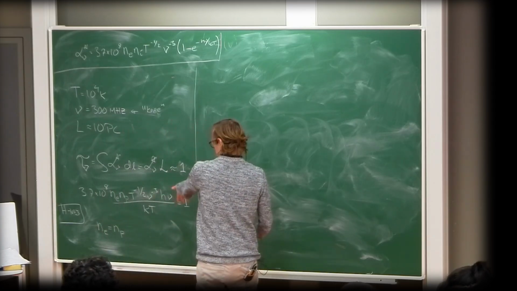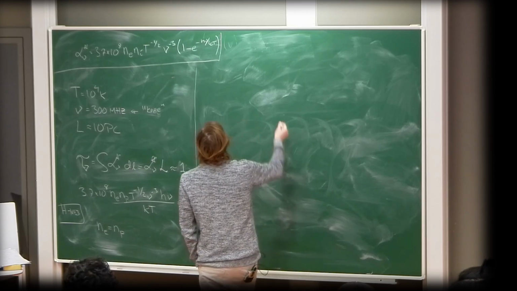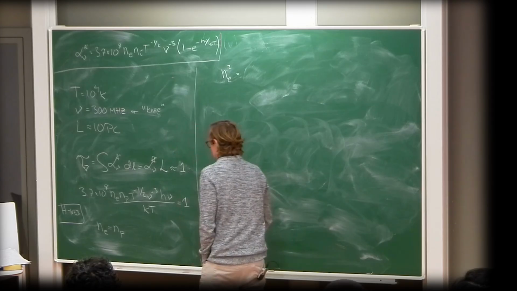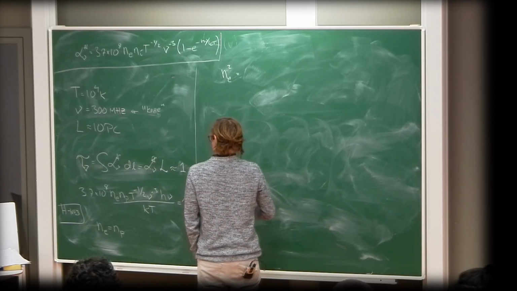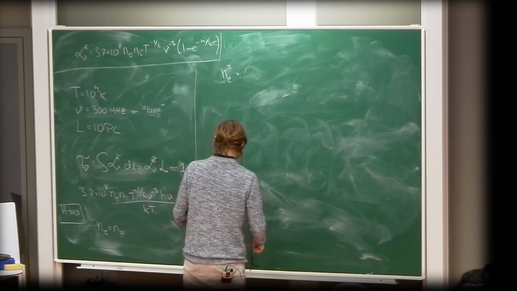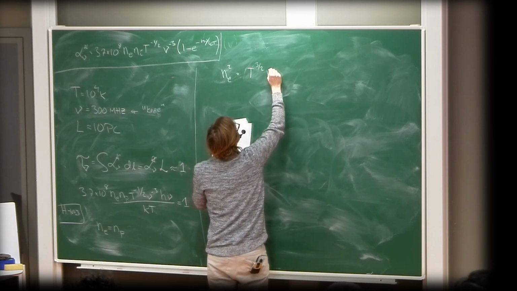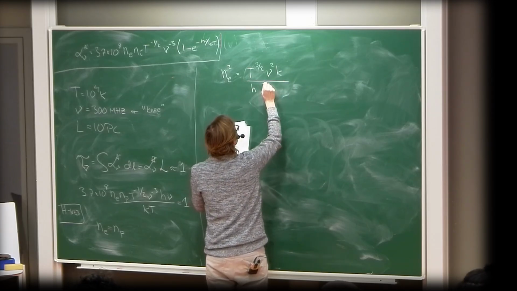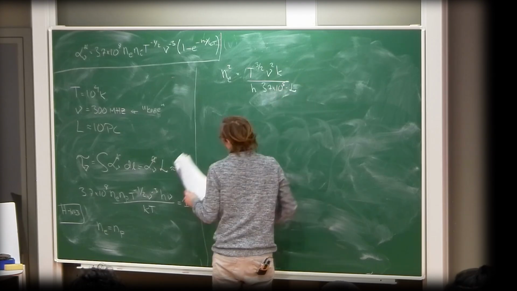So then you can just solve for the number density, the rest being known quantities. The number of electrons squared is going to be T to the 3/2, nu squared, K, Boltzmann's constant, Planck constant, divided by 3 times 10 to the 8, and then the length.